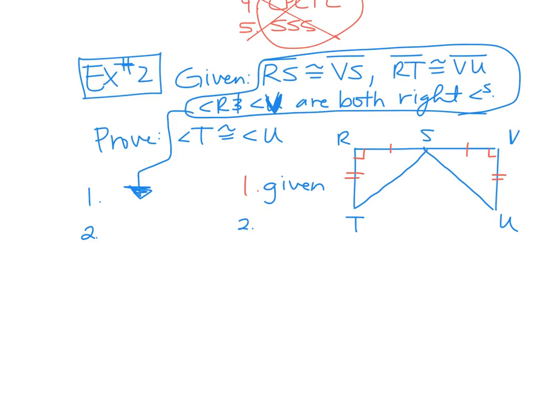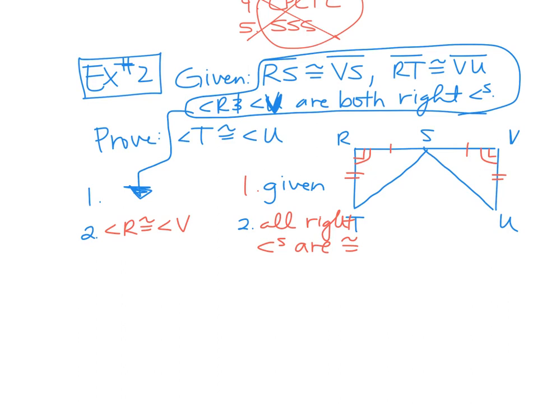Here's what we have to say. In order to use SAS, we have to know angle R is congruent to angle V. And we just say that's because all right angles are congruent. Okay, if we have two right angles, we know they're both 90. So all right angles are congruent would be your reason for that.